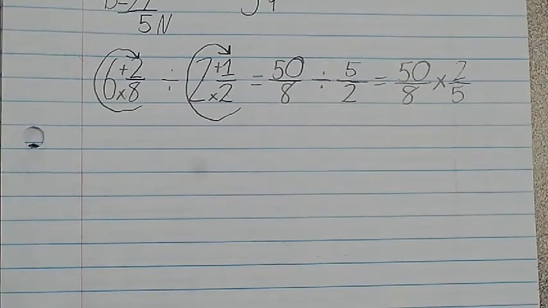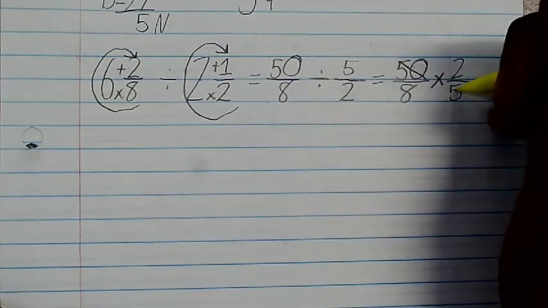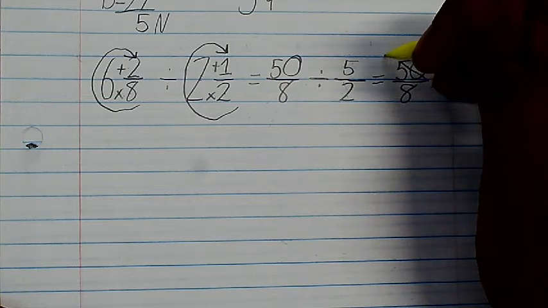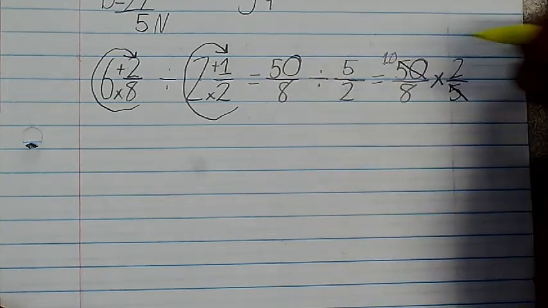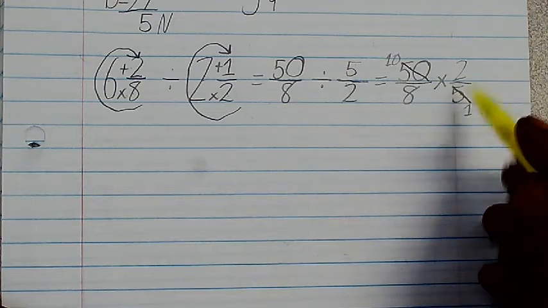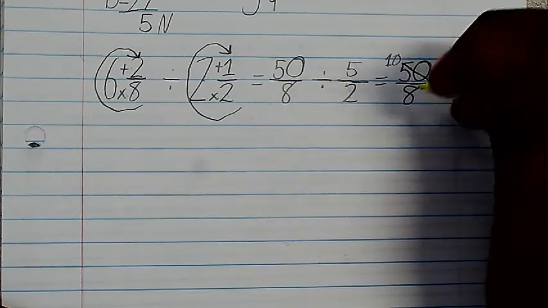Then we look to simplify across. So of course 50 and 5 are multiples of 5, so we can divide both of those by 5. This is going to give us 10 and 1. Then we can also simplify across 2 and 8. They are multiples of 2.